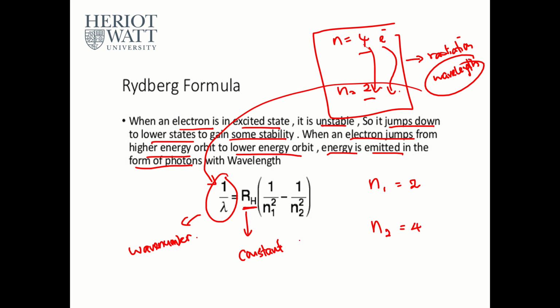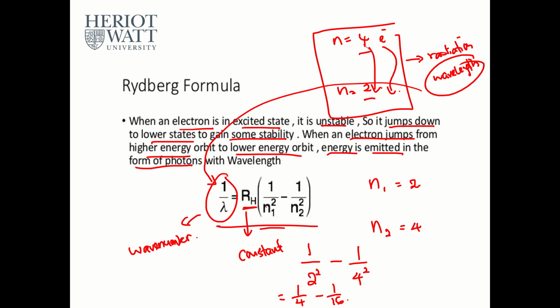So when you put it into the equation, it will be 1 over 2 squared minus 1 over 4 squared, which is equivalent to 1 over 4 minus 1 over 16. If you put it the other way around, you will get the wrong value, because it should be a bigger value minus a smaller value. Otherwise you will get negative values. And that is how we use this equation.